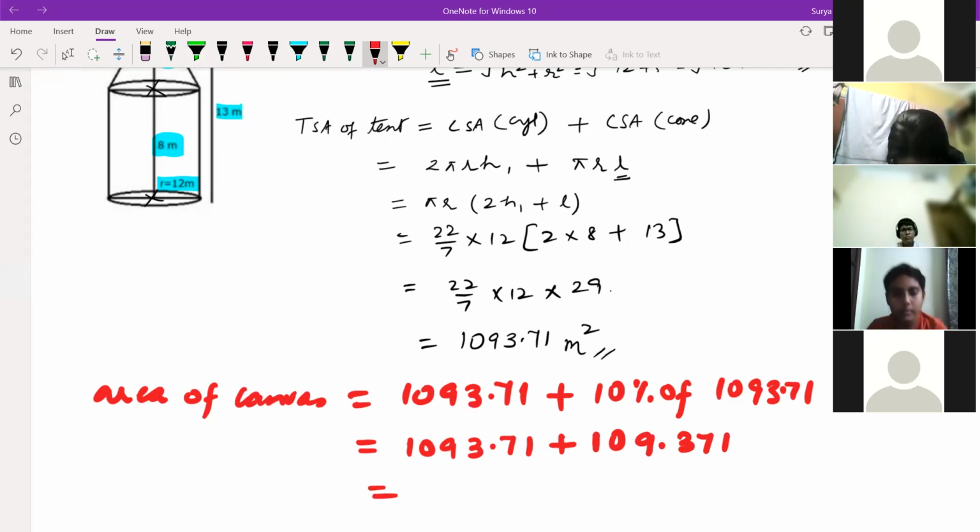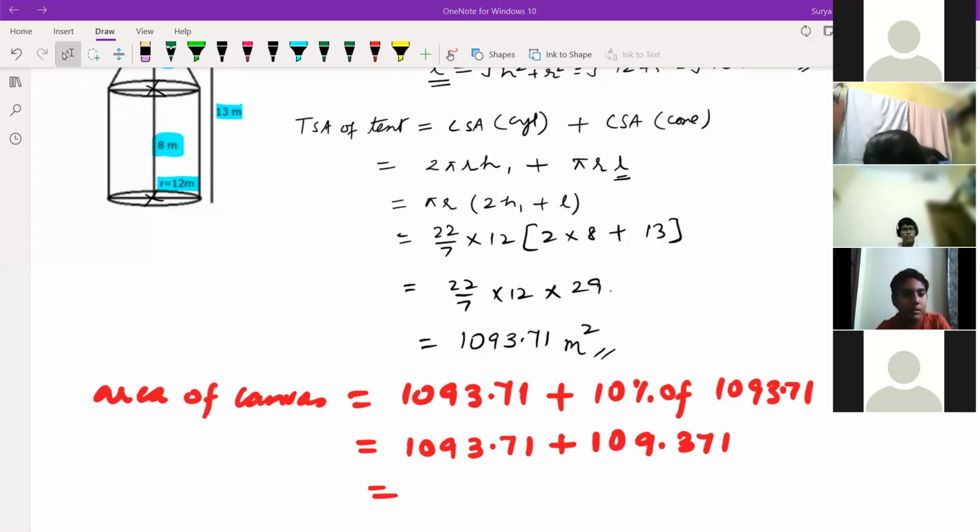What answer are you getting, just check once. Anyone having doubt in this? No, sir. So I'll use the calculator. 1093.71 plus 109.371, 1203.08 is coming. 1203.081.